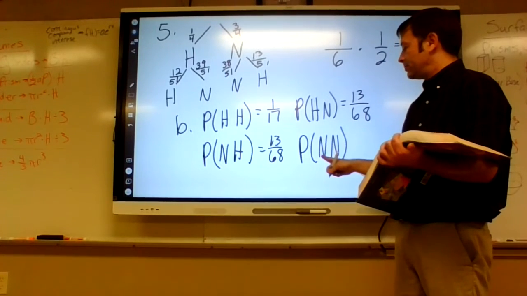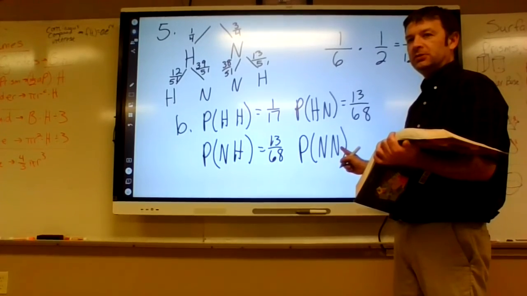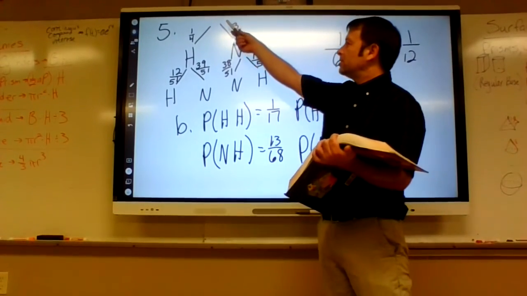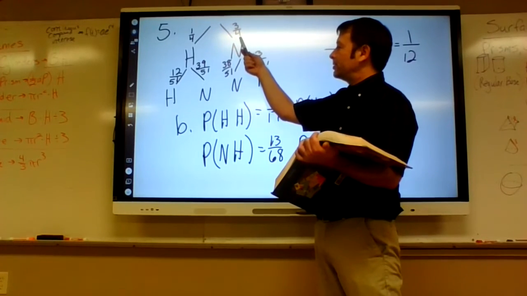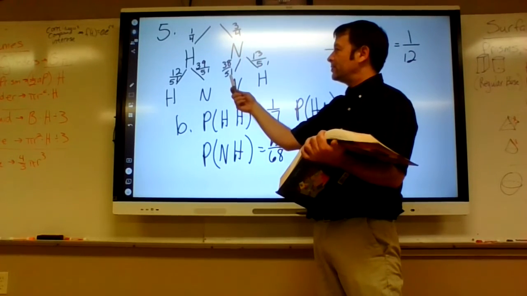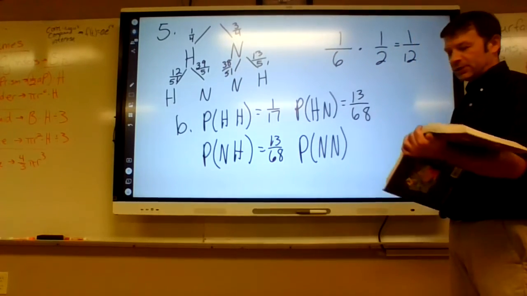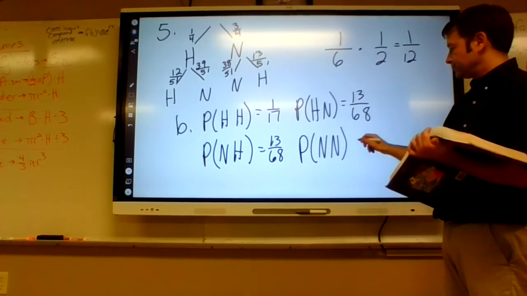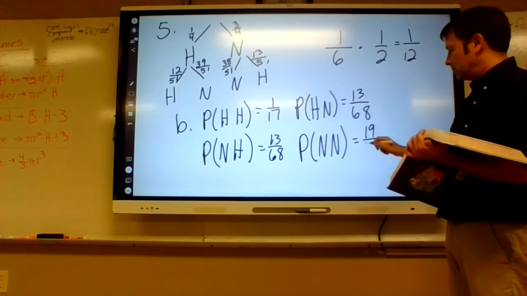What's the probability that we get not a heart, not a heart? You do 3/4 times 38. It would be this route right here. First one would be 3 out of 4, second one would be 38 out of 51. Just multiply those two together. That comes out to 19 out of 34.